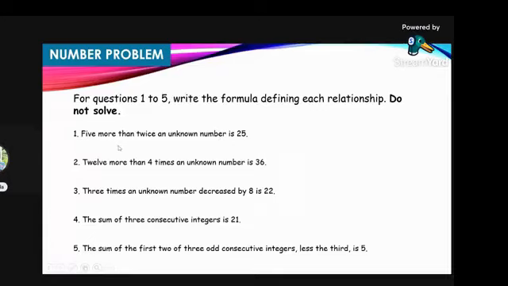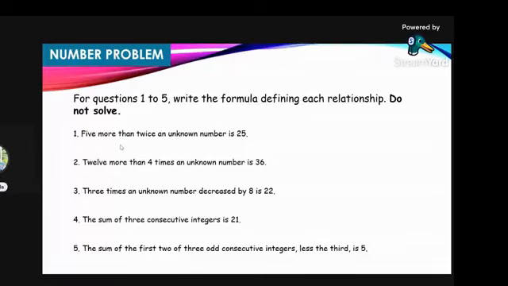Let's have number 1. Comment down your answers. 5 more than twice an unknown number is 25. Let's use x for the unknown number so that we all have the same answer. Let us represent the unknown number with the variable x. Again, 5 more than twice an unknown number is 25.